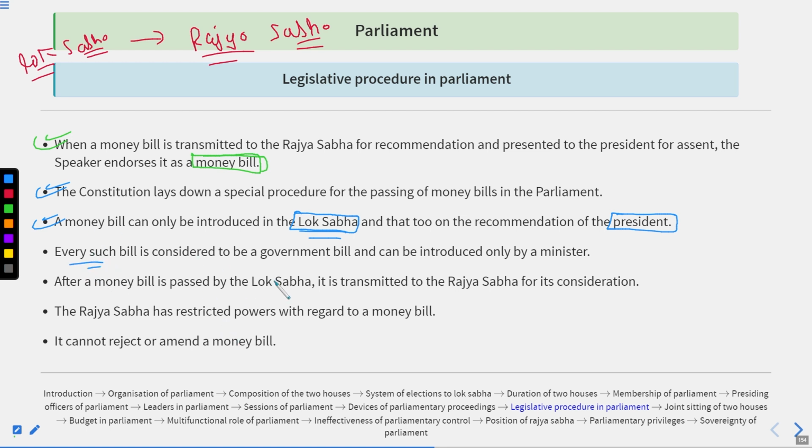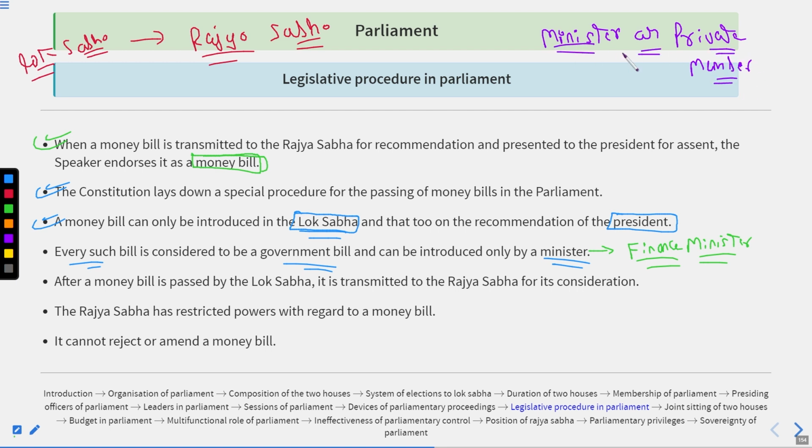Every such bill is considered to be a government bill and can be introduced only by a minister. And if we take the specification, then by the finance minister only. Unlike the ordinary bill, where both the minister or a private member have the liberty to present the bill, here it could be presented only by the minister, or we can say the finance minister.